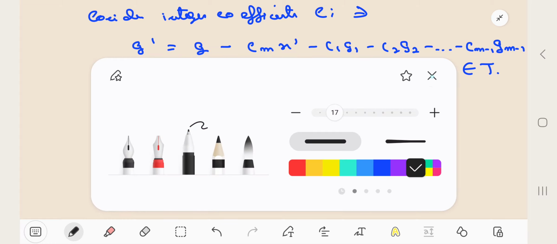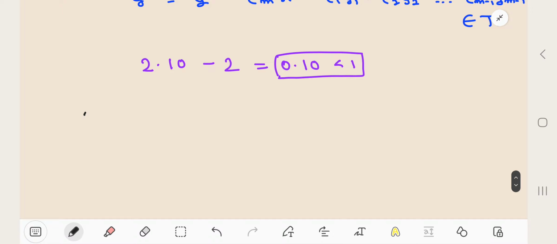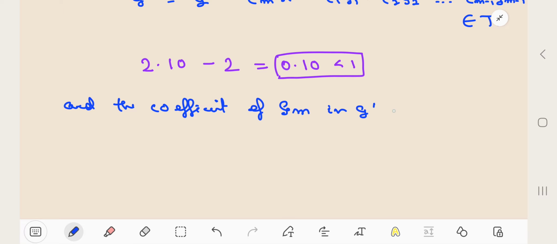A thing to observe here is that, and the coefficient, so this is a further restriction, the coefficient of Gm in G prime is less than Bm, but non-negative.